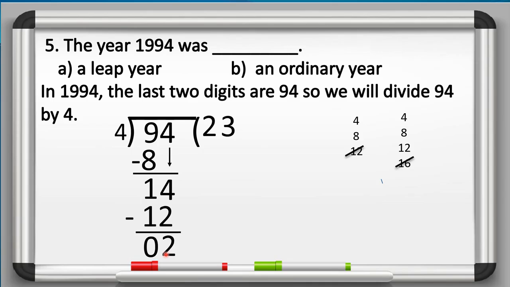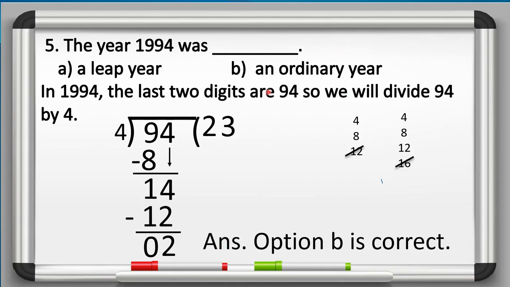Okay, so it is not a leap year, है ना? So it is an ordinary year. So here we will write that option number B is correct, an ordinary year. Understood? Thank you.